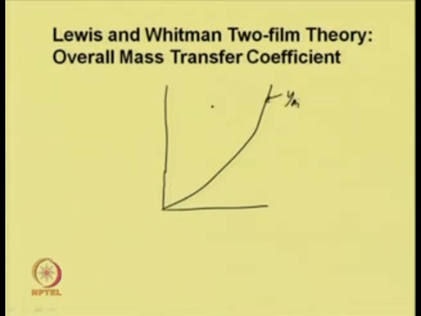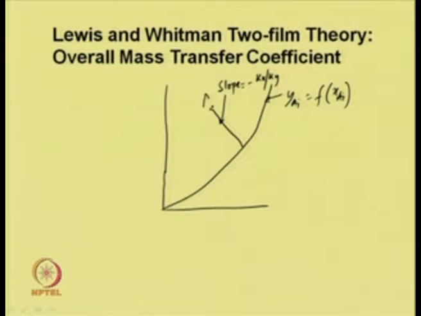We know that this is the equilibrium line, and this is y_AI as a function of x_AI, the equilibrium line. Suppose this is the operating line, whose slope is minus k_x by k_y.